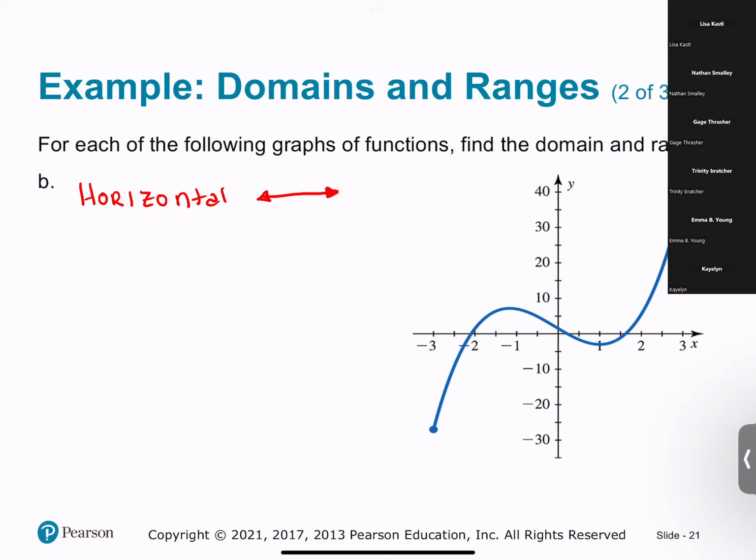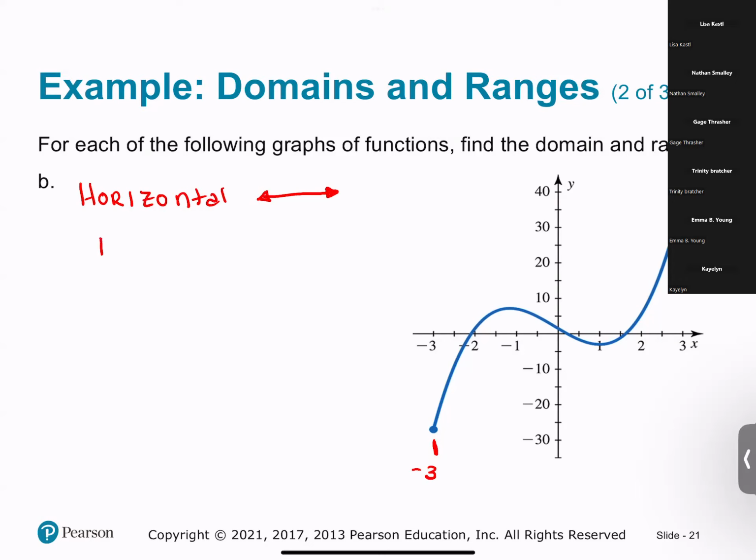So the floor of the room you're in hopefully is horizontal. I can see in the horizontal direction that this graph starts here and it ends here. So the graph starts at what looks to be -3, and it ends at what looks to me to be +3.